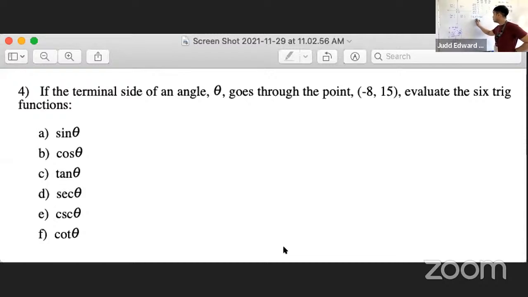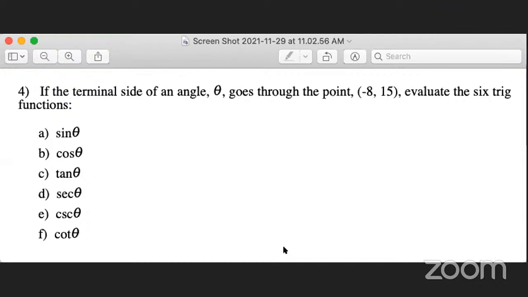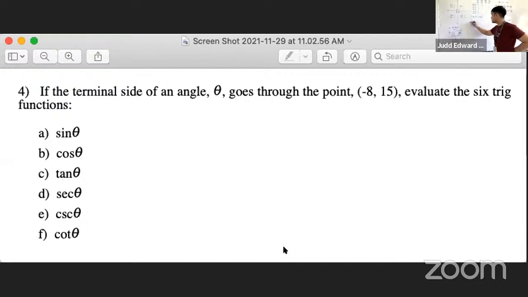If we graph it, this is how it will look. The y should be larger. So this is 8, this is 15. Is that right? Yes or no? This is in quadrant 2, and this is our angle theta.